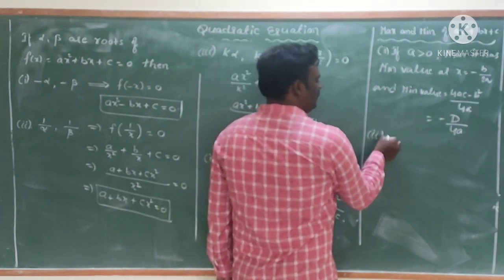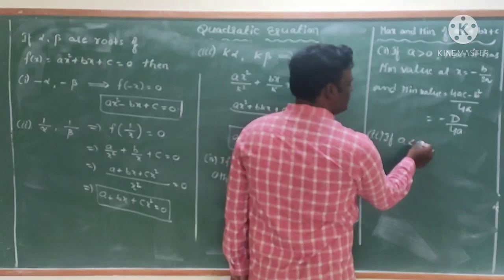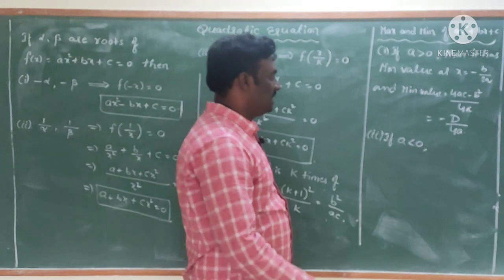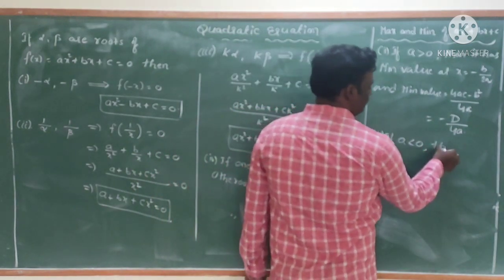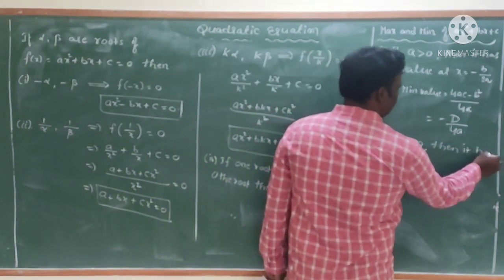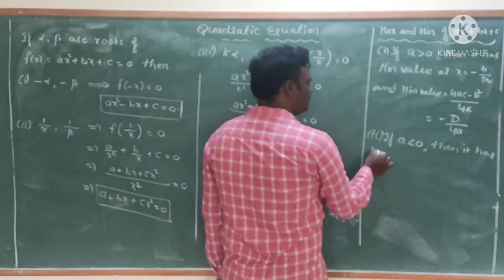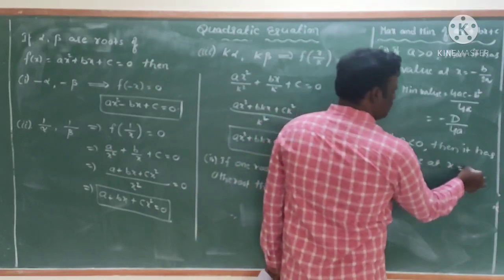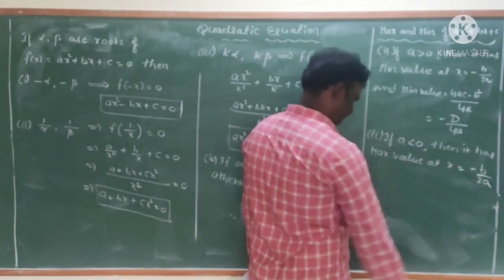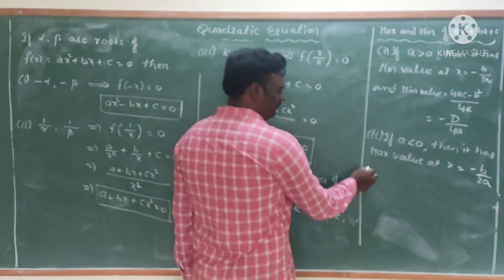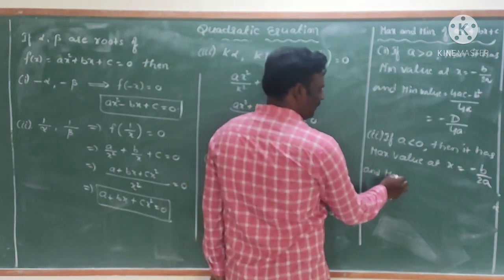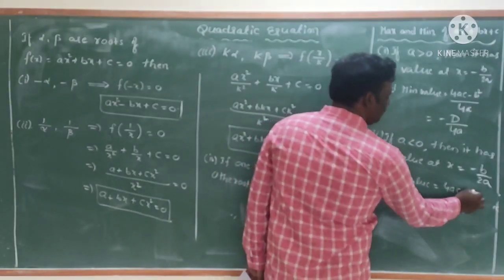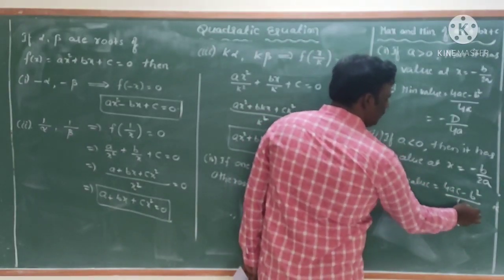Second, if a, the coefficient of x square, is less than 0, then it has a maximum value at the same x equals minus b by 2a, and the maximum value is 4ac minus b square by 4a.